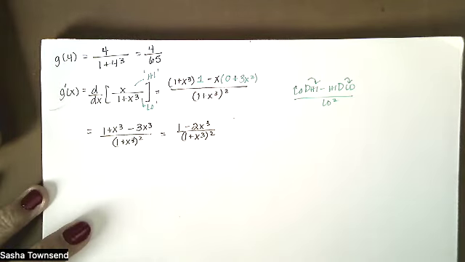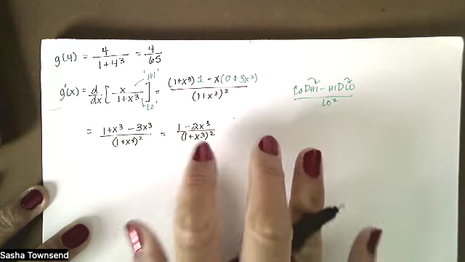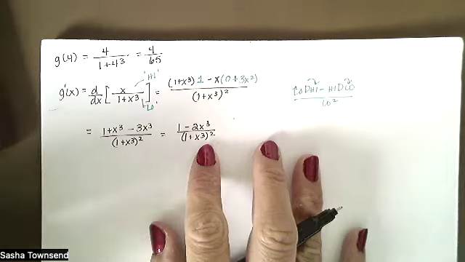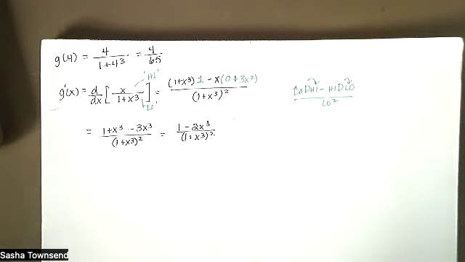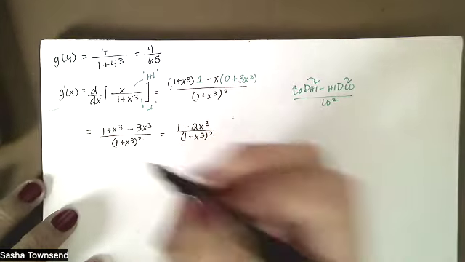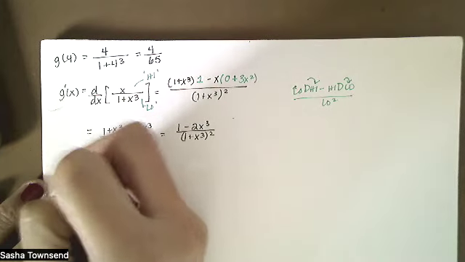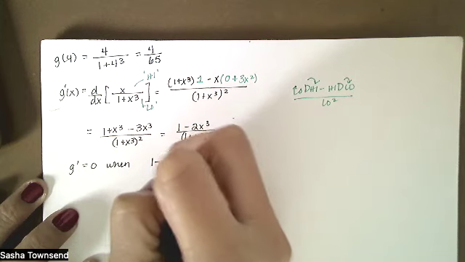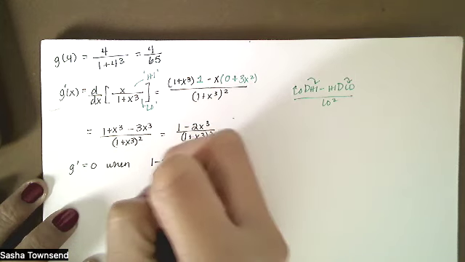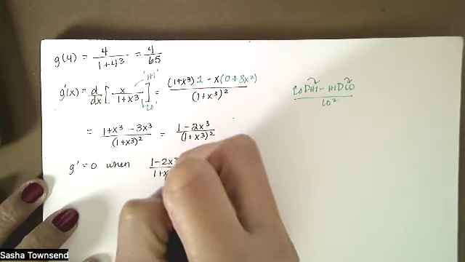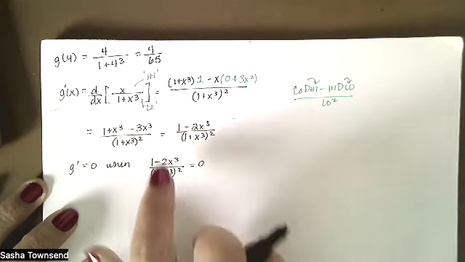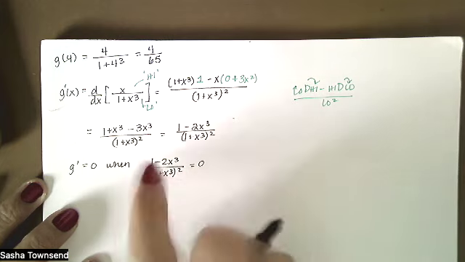Now, the critical points correspond to those x values that cause the derivative to either be 0 or cause the derivative to be undefined. They also have to be in the domain of the original function. Well, g prime is 0 when that fraction is 0. I don't usually show this step, but that fraction is 0 when the numerator is 0.